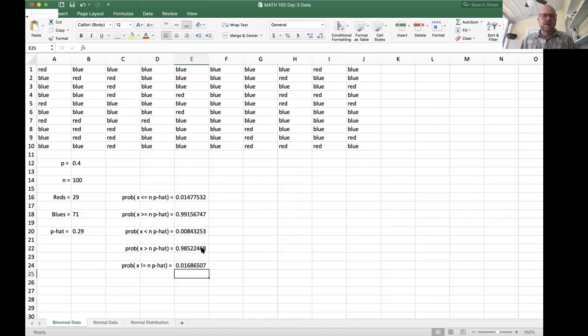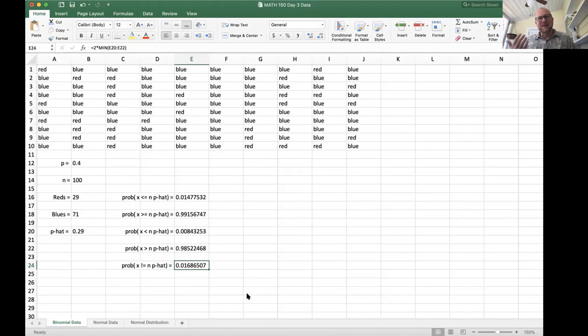Okay, so here we have gotten that the probability of having this happen is 0.0168 blah blah blah, so about 1.7%. That's a pretty low chance of having the thing happen that you know did happen. And that suggests maybe something's wrong with our assumptions, that n was 100 and p was 0.4.